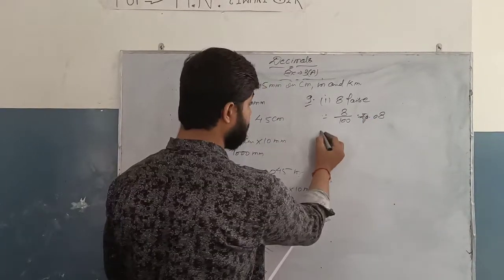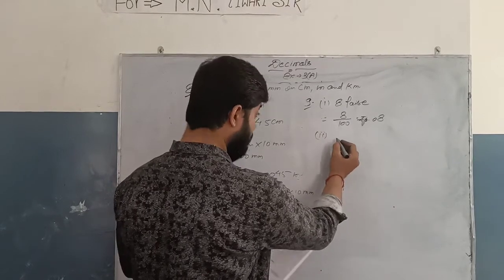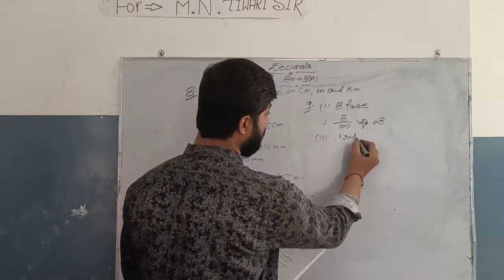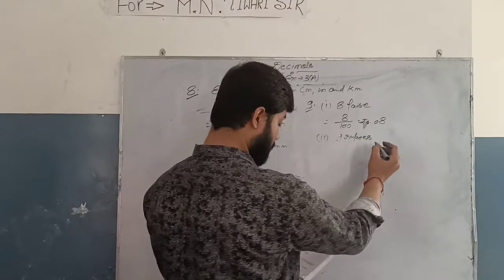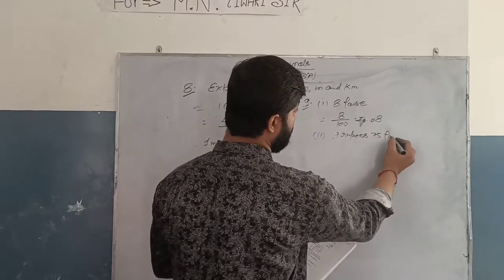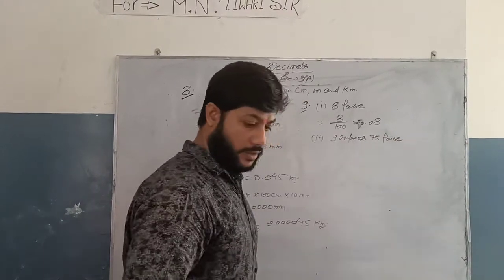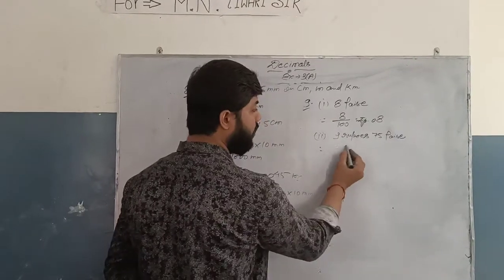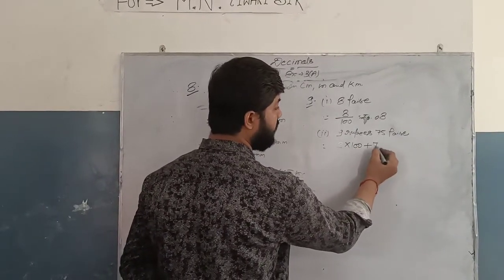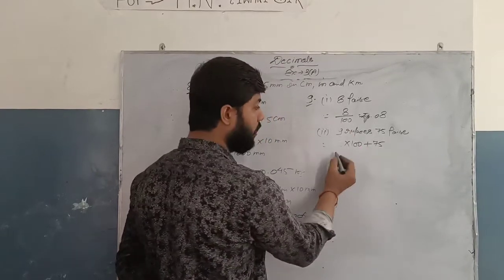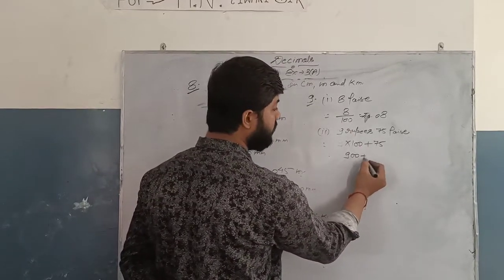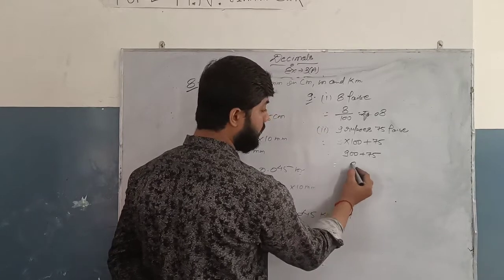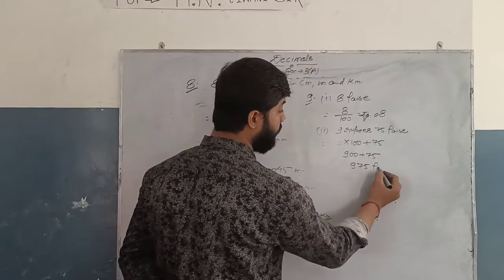Now next is 9 rupees 75 paise. Now for this, we know 1 rupee has 100 paise. So 9 into 100 and plus 75 is already in paise. So that is 900 plus 75, that is 975 paise.